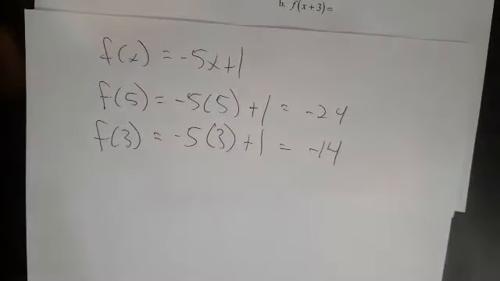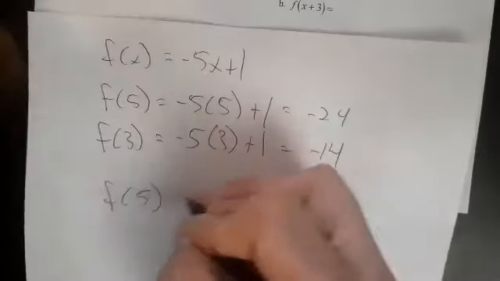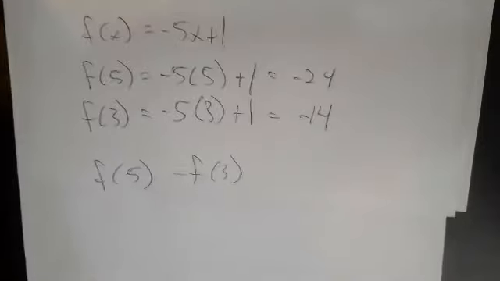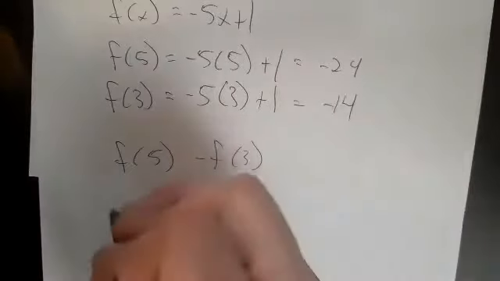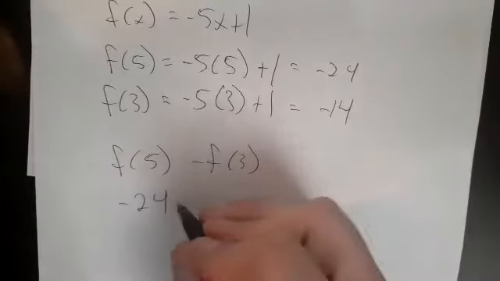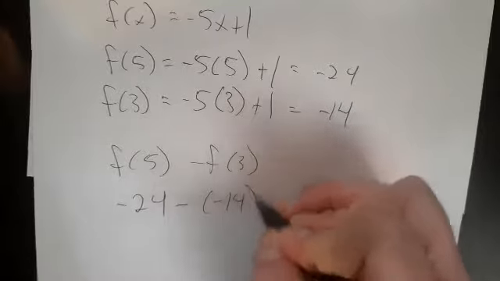We could do these separately, and we could do f of 5 minus f of 3. And if we do f of 5 minus f of 3, this thing is really a minus 24, and we're going to subtract a minus 14.